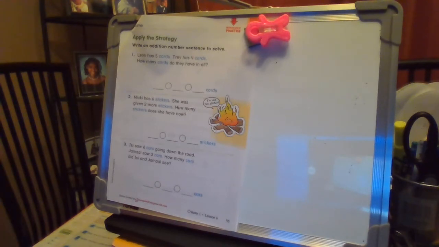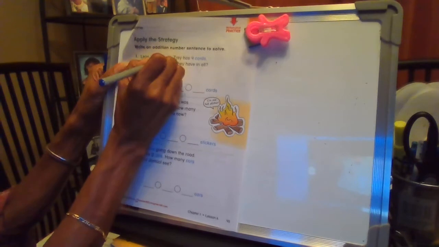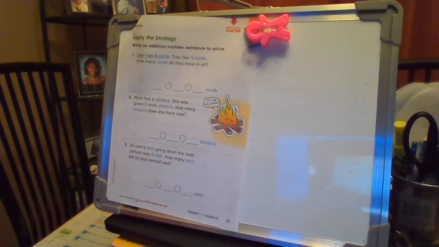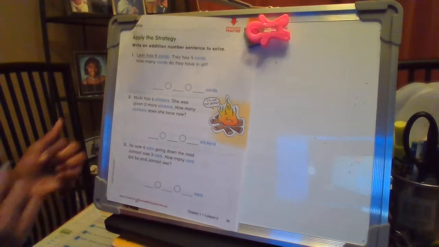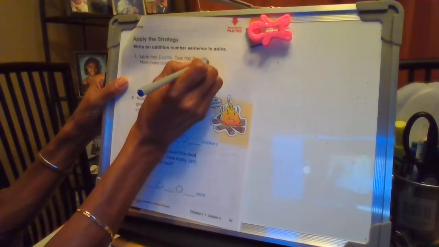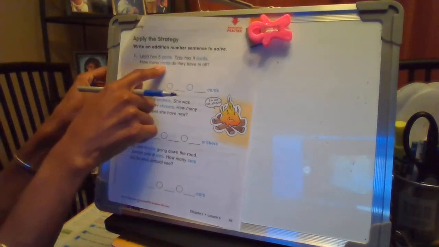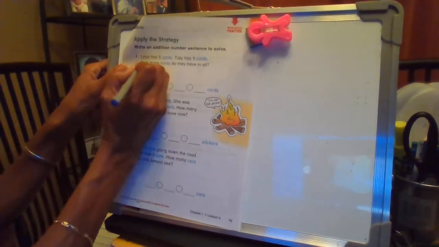Well, I know from the story problem that Leon has 5 cards. So I'm underlining Leon has 5 cards. Trey has 4 cards. That's what they also told me. Okay? And then it says to circle what you need to find. So that would be the how many cards question. So I'm going to circle that.